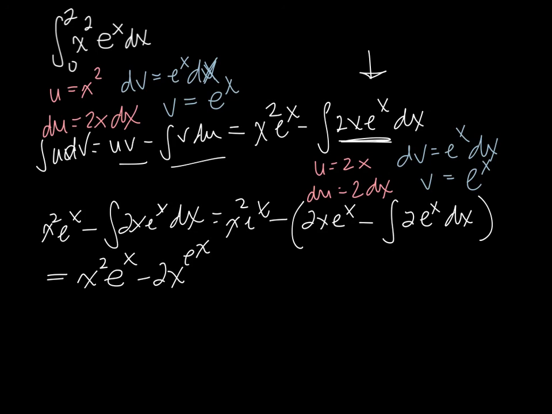So now I'm distributing the subtraction, and plus the integral of 2 e to the x dx, right? So I'm subtracting the entire quantity represented by the integral of 2x e to the x. And using integration by parts, we get two parts to it, and I need to subtract both parts. So that's why this term becomes positive there. And so we just have one more integration to do.